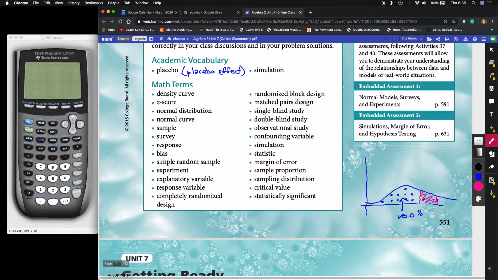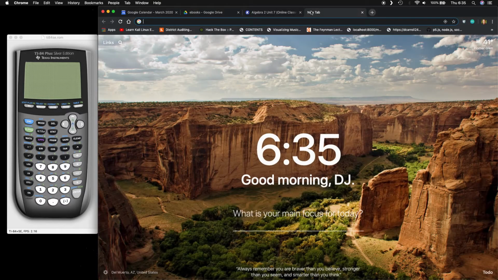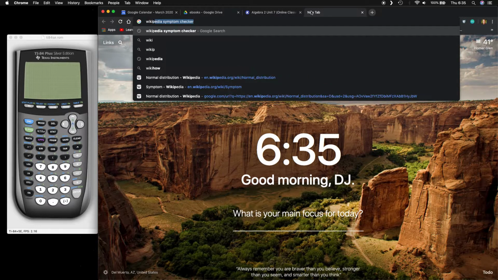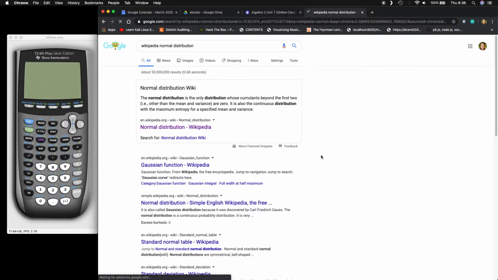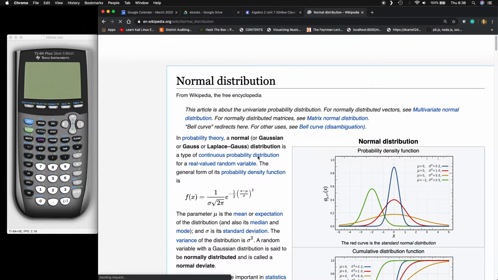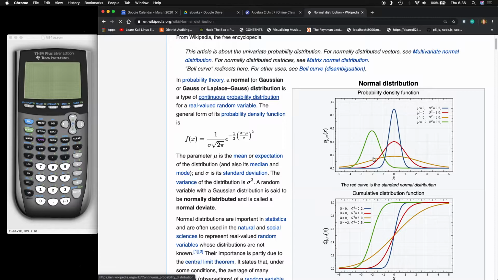And it does actually have a mathematical function. Maybe I'll show you that really quickly. We'll say Wikipedia, normal distribution, that's fine. If I go to here, I'm sure they're going to give us this function, and there it is. So you can see this thing can be stretched.